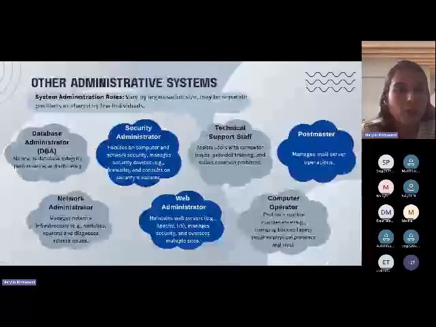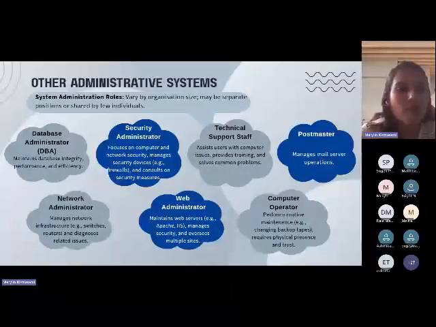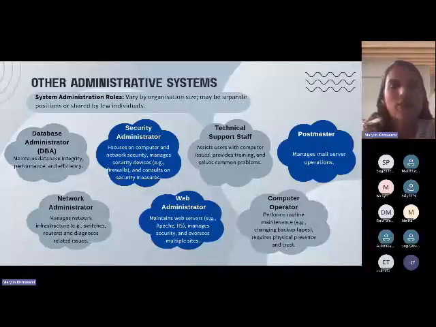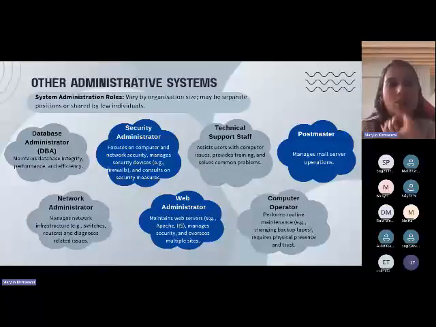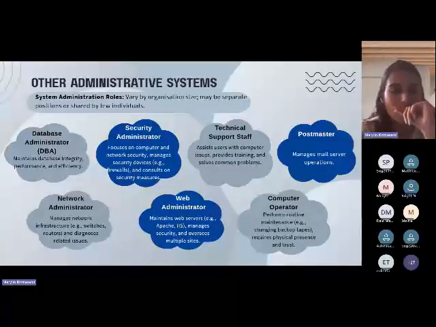Okay, I'm going to go on to the next slide, which is other administrative systems. Okay, so if you're looking at other administrative systems, it's specialized roles in your system administration. In larger organizations, you would find that system administration responsibilities are often divided amongst specialized roles.